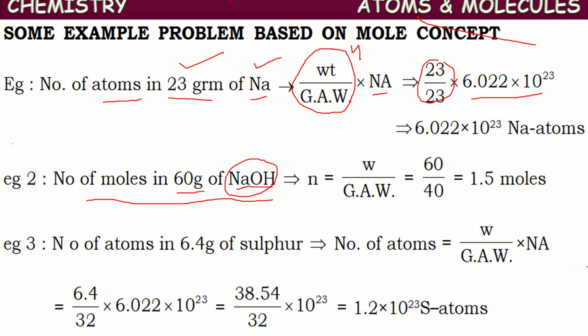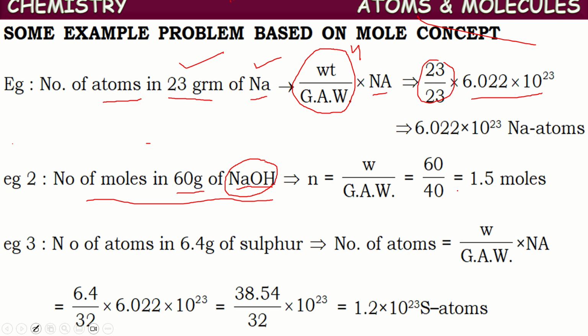Number of moles into Avogadro number gives rise to the number of atoms. So the number of atoms is equal to W by GAW into Na, meaning weight of the sample by gram atomic weight into Avogadro number.